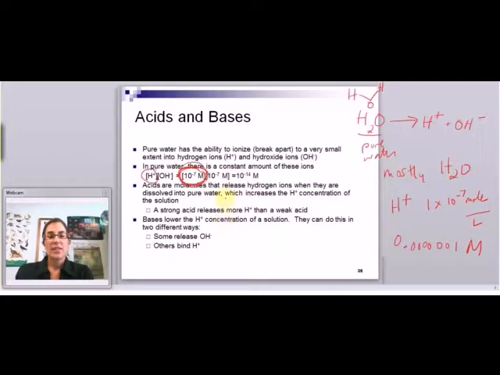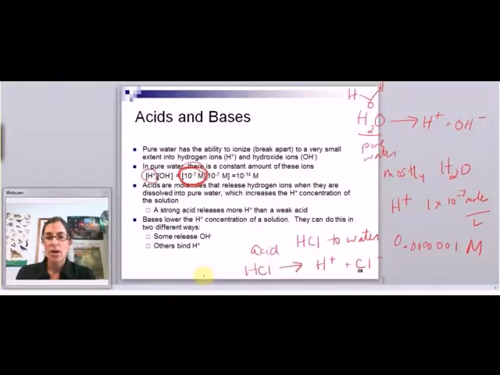And so this relates to acids and bases because acids and bases are defined by what happens when you put them into water. So if I add an acid to water, I already have those H pluses there, okay? But if I add an acid, like hydrochloric acid, it also dissociates into a hydrogen ion and a chloride ion.